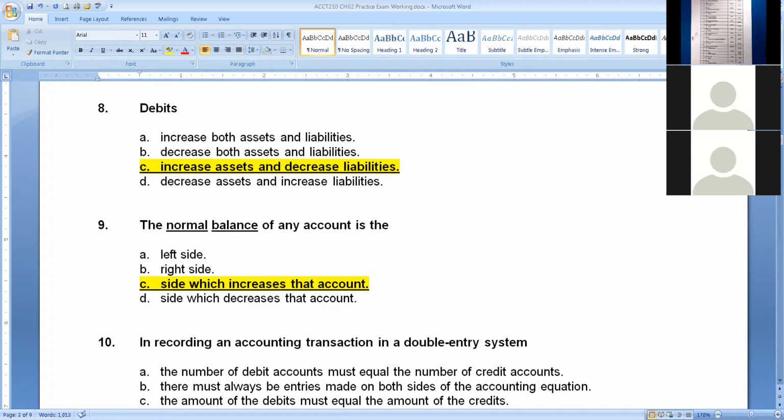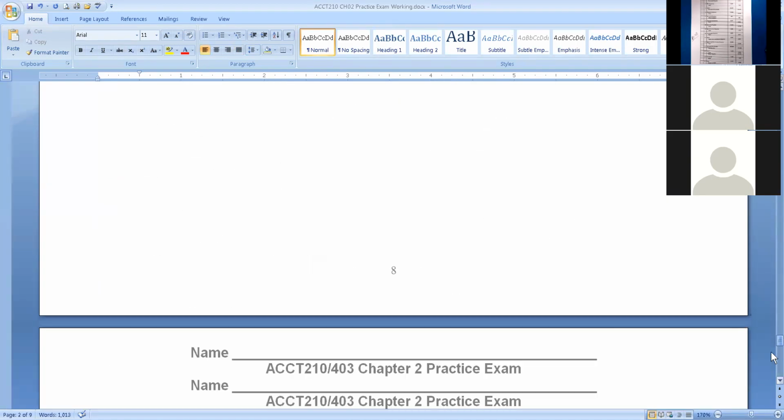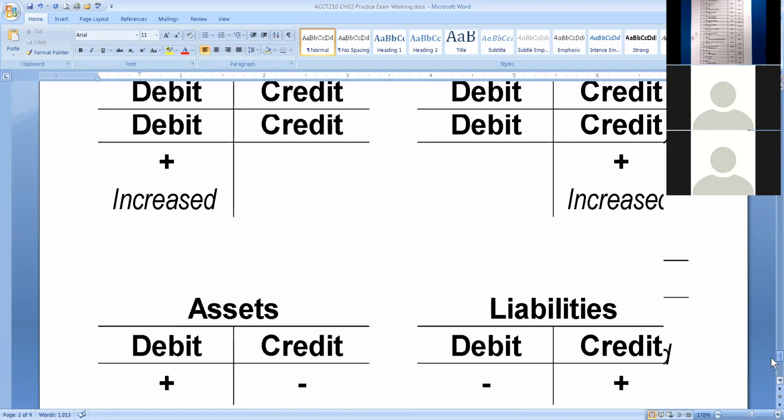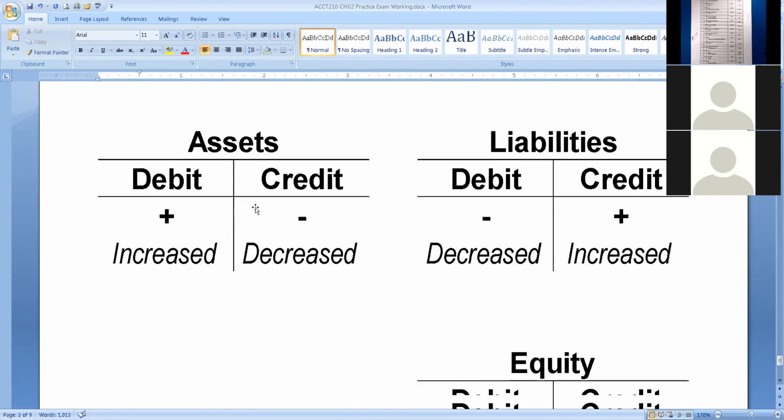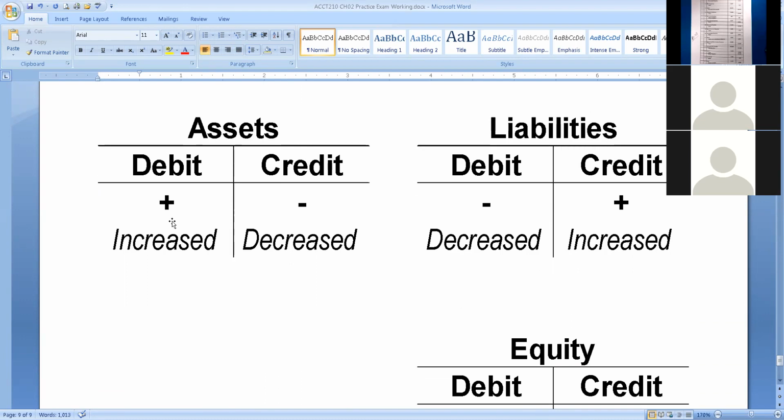So whatever side increases it. Okay, down here. Well, let's take the easiest one. So let's say you have an asset account. Let's say you have equipment. A normal balance is how much equipment you have at the end. So that would be how much is on the books. Would it be a debit or credit?